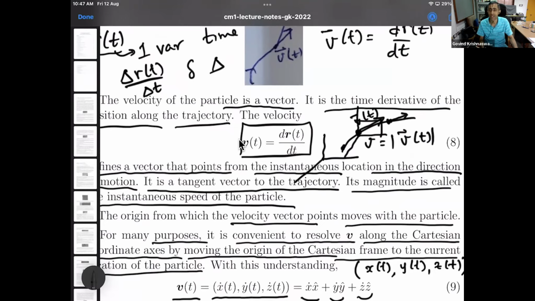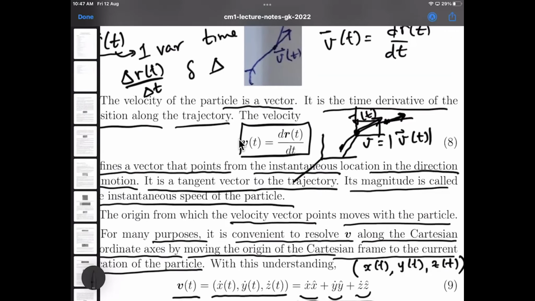Okay, so this is the basic observation. Therefore, we say that the velocity vector defines for us an origin, namely the location of the particle. But since that location of the particle is changing with time, the origin defined by the velocity vector changes with time. Okay, that's all we are saying.